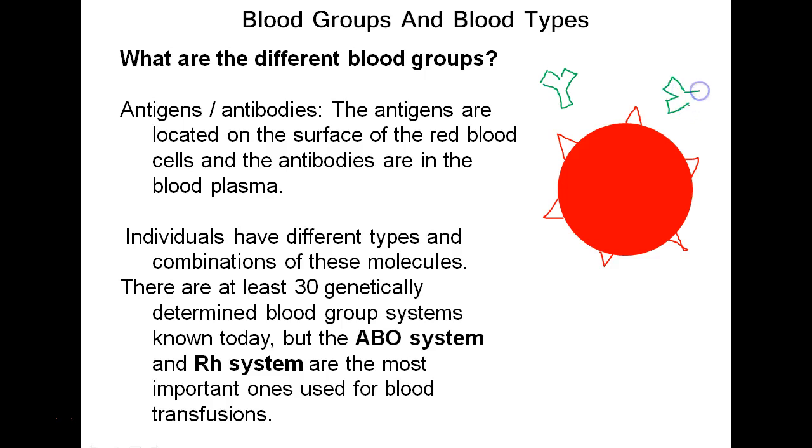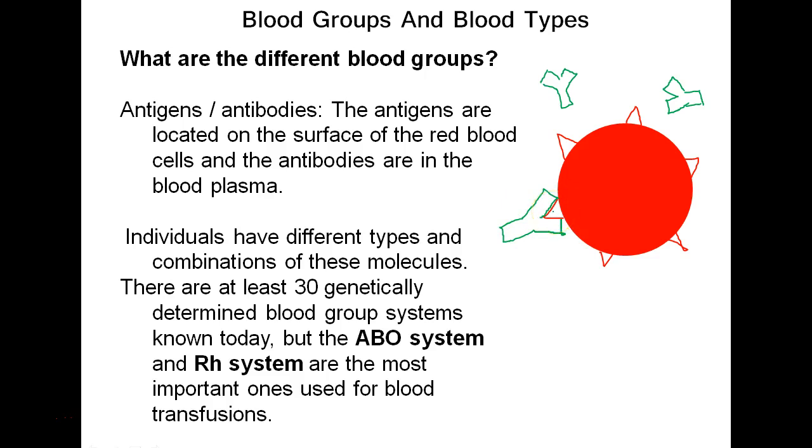However, they can interact with that antigen. So in this example, these green antibodies are floating in blood plasma, and what I'm drawing in green now is showing an antibody that has connected with an antigen. And notice how they fit lock and key, so to speak.